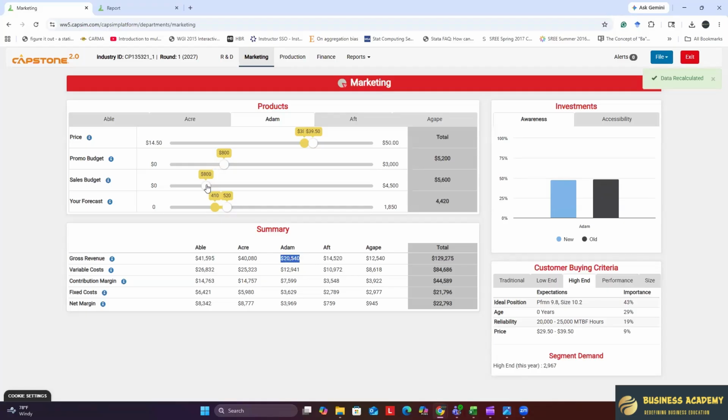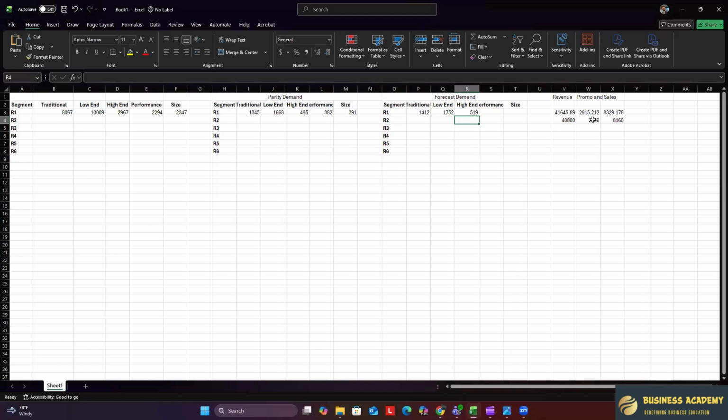You have to see that the revenues are half of this, so I cannot spend the same amount of promo budget. So again, let me calculate my highest and lowest. That's going to be 20,540, so 7% of this on the low end of the spectrum if I decide to spend, and this is going to be the high end of the spectrum, that is going to be 20%.